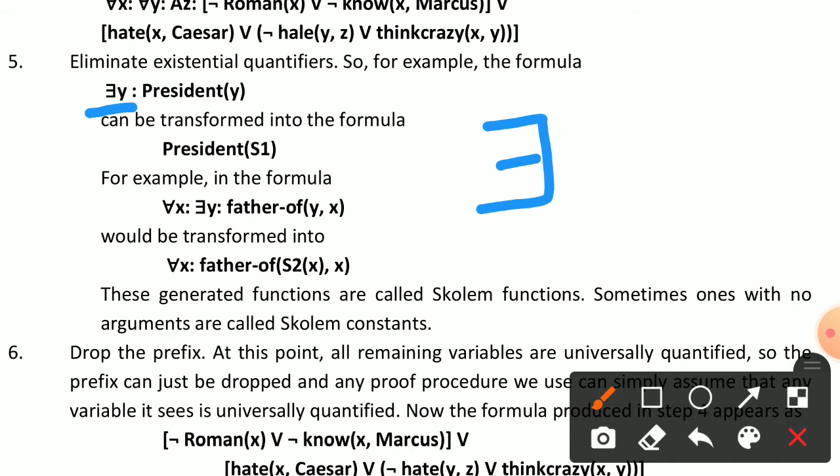It is the equation and we can convert the equation into a formula. So we can write President(S1). For example, in the formula for all x there exists y father of(y, x).